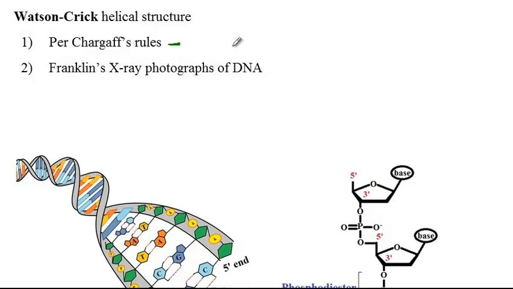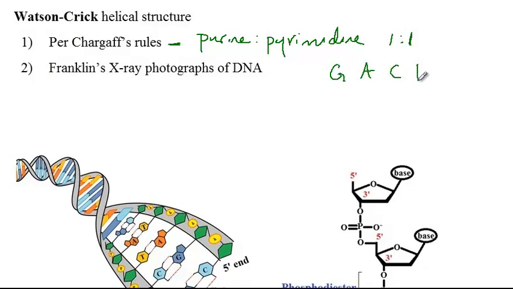Their conclusion was that regardless of which species we extract DNA from, the ratio of purines to pyrimidines is always 1 to 1. And if you think of it, we have base pairing, right? So one purine always binds to one pyrimidine, and then the other purine always binds to the other pyrimidine.